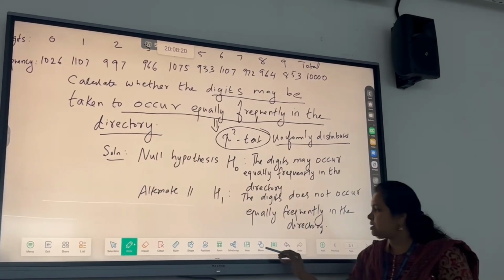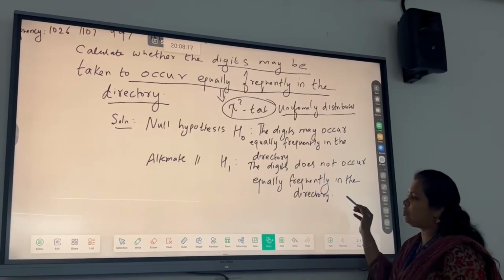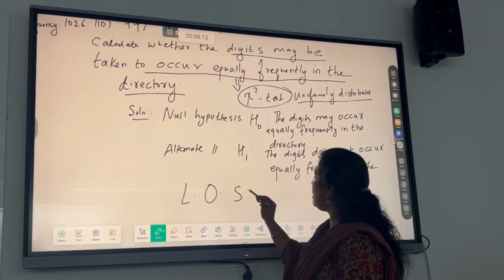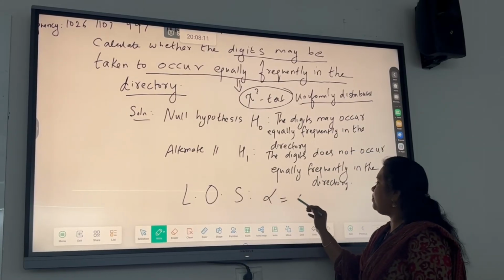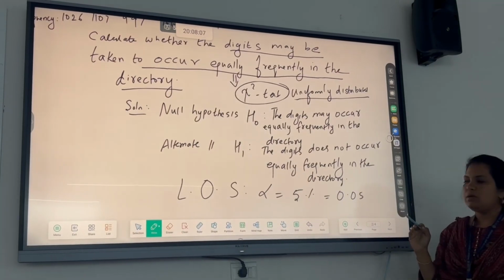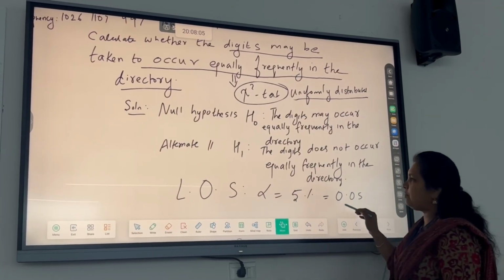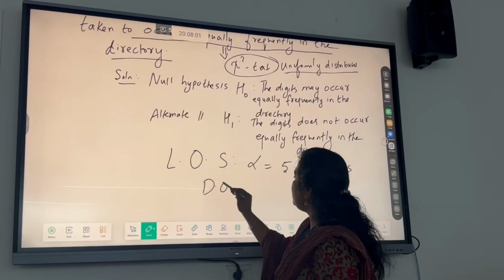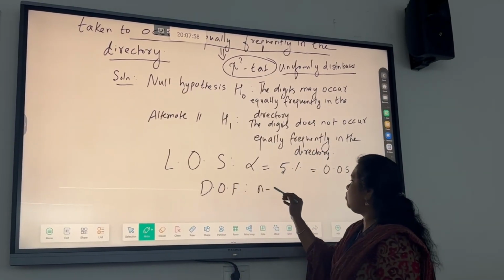Now the next one is the level of significance. We fix the level of significance alpha at 5%, which is 0.05. As we have to take the table value, the degree of freedom is n minus 1.